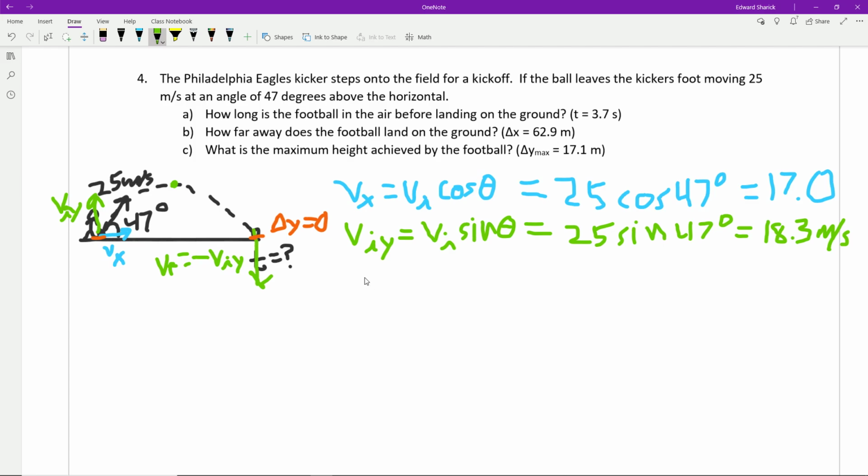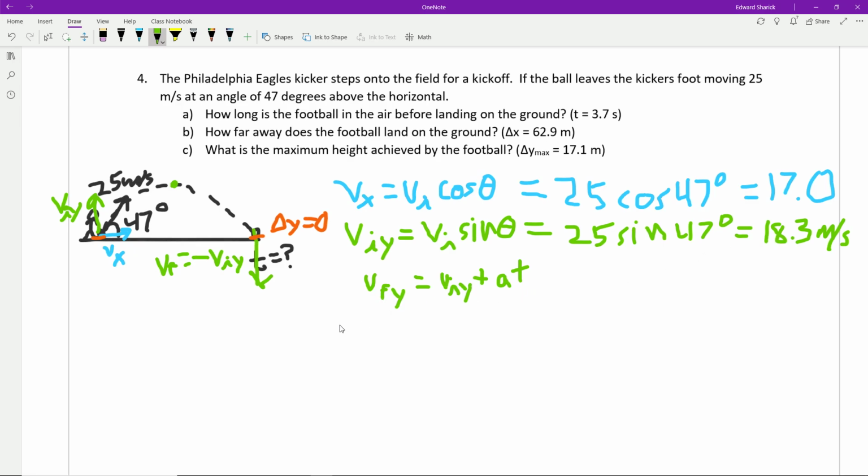And I'm going to use the equation that V final y equals V initial y plus AT. And I'm going to be looking to solve for time here.